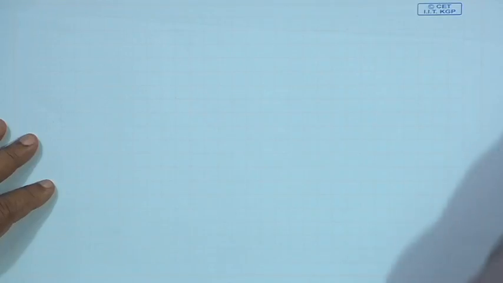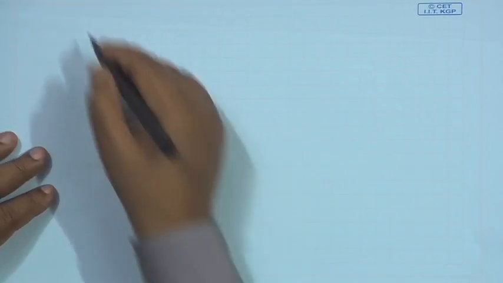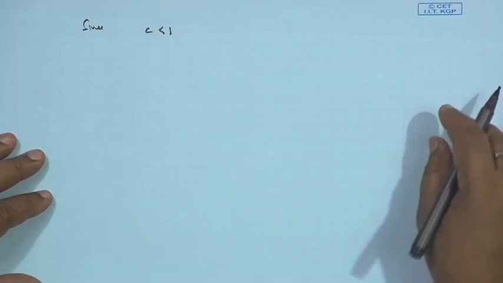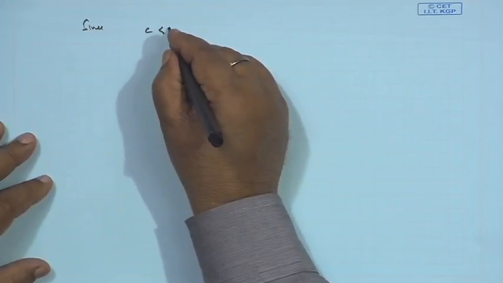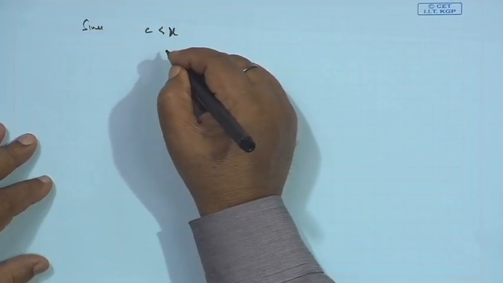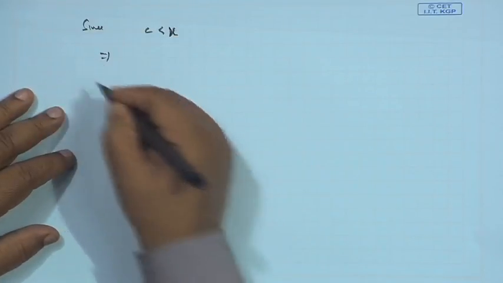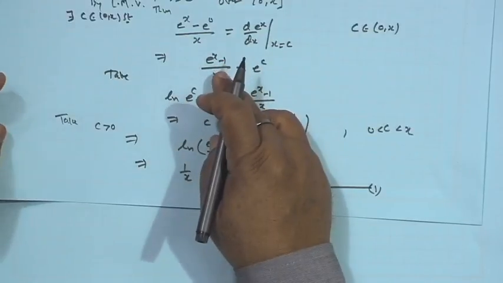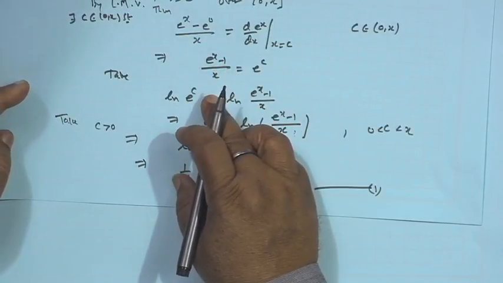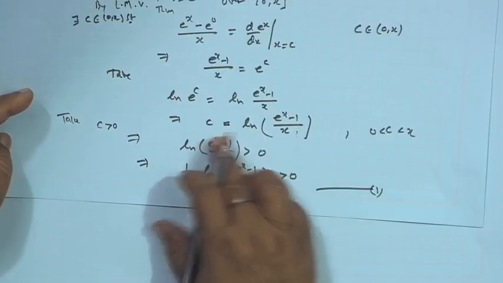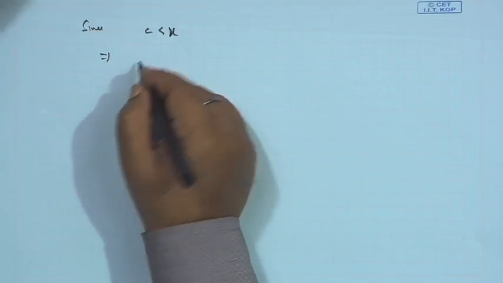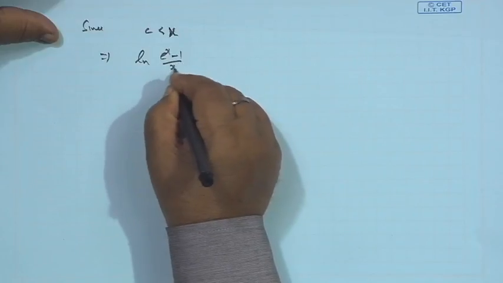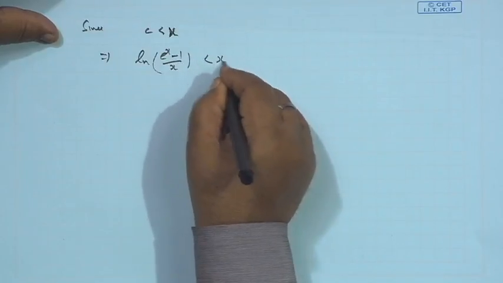Since c is less than x, therefore ln((e^x - 1)/x) is less than x.